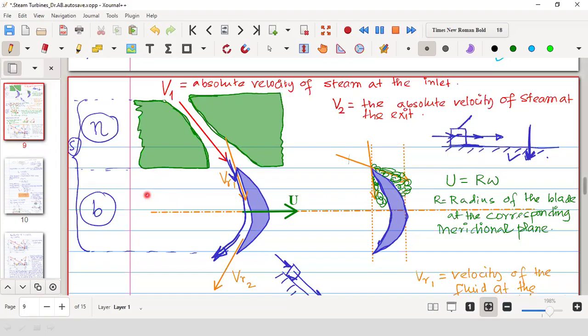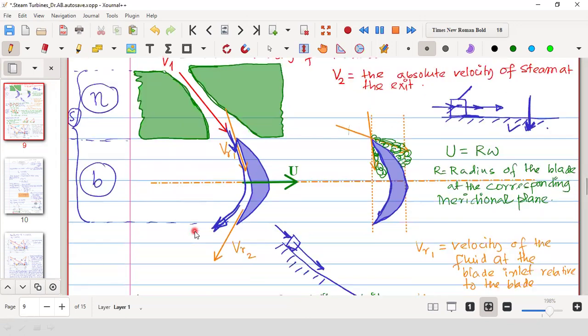Here, while doing the blade efficiency calculation, what did we see? That the energy supplied to the blade and the energy that was converted as work. So that is the blade efficiency. So in the blade, what was the work done on the blade divided by the energy that was at the entry. So that was the energy available.